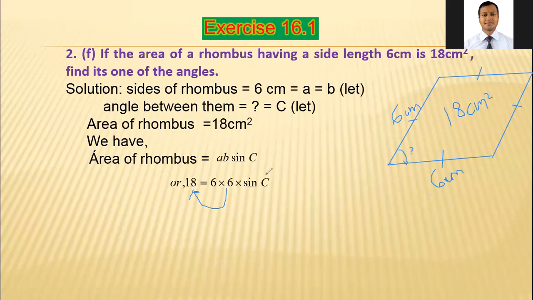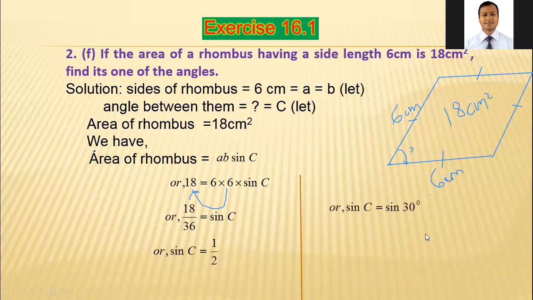Sine C is equal to 1 by 2, and 1 by 2 is the value of sine 30. Therefore the value of C will be 30 degree. 18 divided by 36, which is, sine C is equal to 1 by 2, or sine C is equal to sine 30, and C is equal to 30 degree. Is it clear or not, this line?